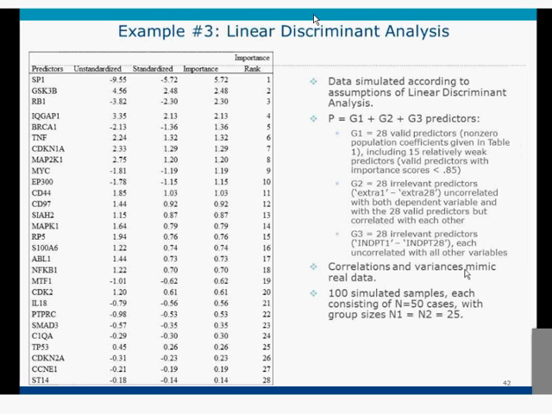What I did in this detailed simulation is compared various approaches for doing this type of regularized analysis to see how they compare. In particular, I have two types of irrelevant predictors.